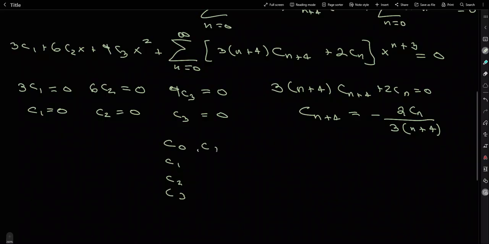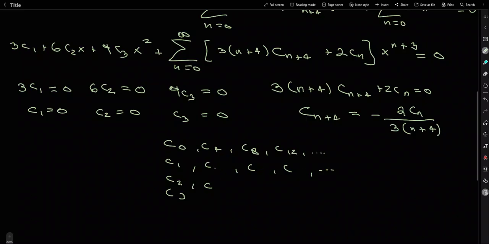That is c4, c8, c12, etc. What about c1? Add 4, that's c5, c9, c13, and infinitely many. And then for c sub 2, plus 4, that's c sub 8, right? No, c sub 6. Actually I need to go back to this.